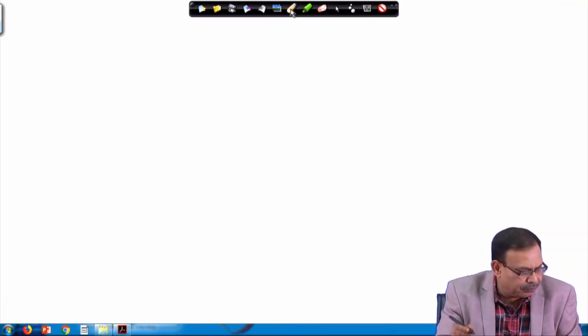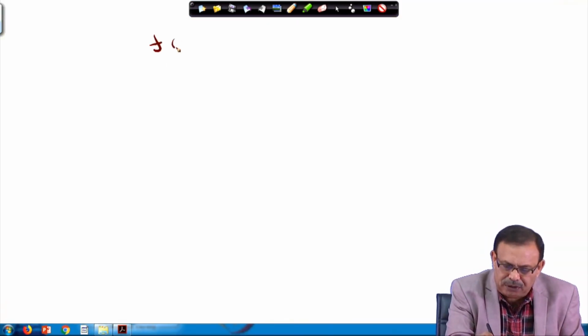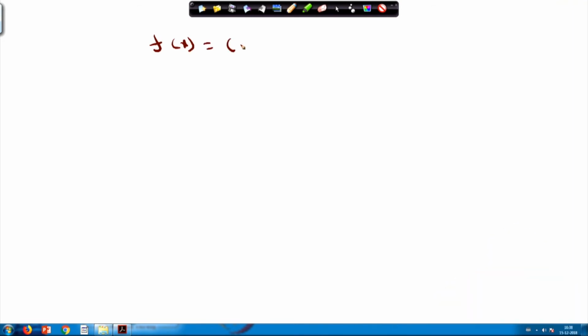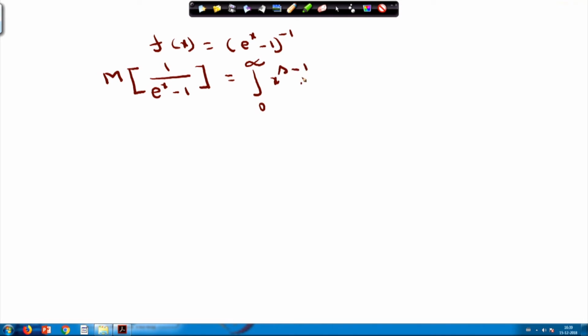Let us see, f x we have written as e power x minus 1 whole to the power minus 1. So, the Mellin transform of 1 by e to the power x minus 1 equals, from the definition, integral 0 to infinity x to the power s minus 1 into 1 by e to the power x minus 1 dx.